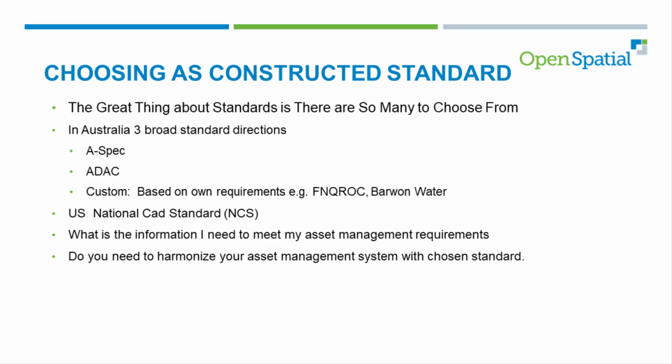So that's one of the things that you do need to consider when employing a standard: how is that data going to translate to your asset management system within your environment? It is a bit like with asset management systems and the asset hierarchies. If you've got 10 organizations, there will be at least 15 different asset hierarchies in there. So it is just one of those things. How do you harmonize your asset management system and the standard?